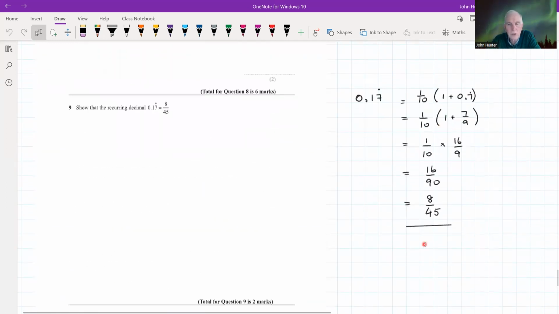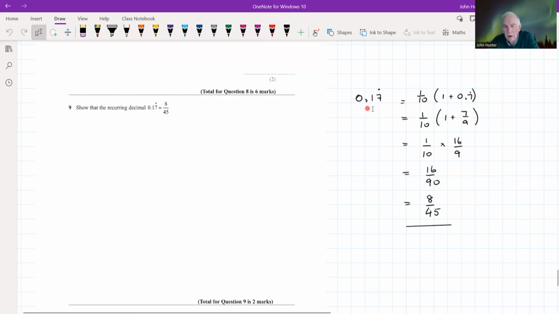Right, next question is a recurring decimal question. Show that this recurring decimal equals 8/45. The thing with these is that we need to get the recurring part to be the only thing after the decimal point, and it's got to be the whole of the decimal part.